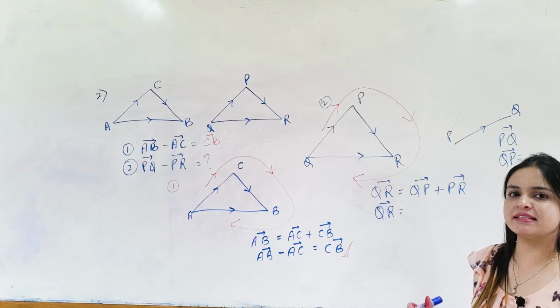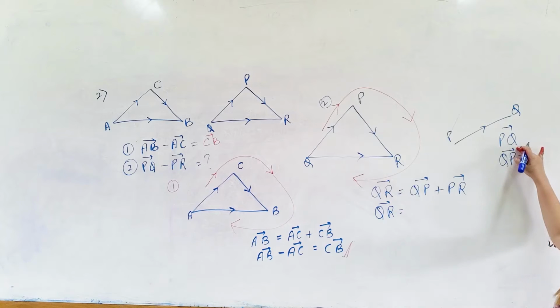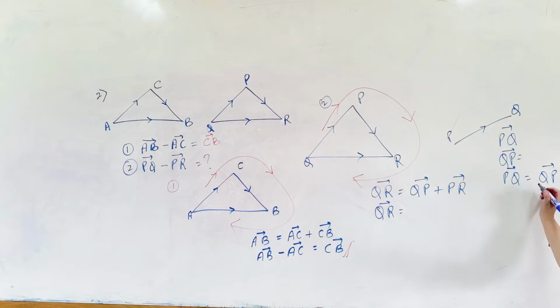The only difference is the direction. PQ is from P to Q. QP is from Q to P. That means PQ and QP both are same. The only difference is the direction. So that means PQ is equal to minus QP, or you can say QP is equal to minus PQ.